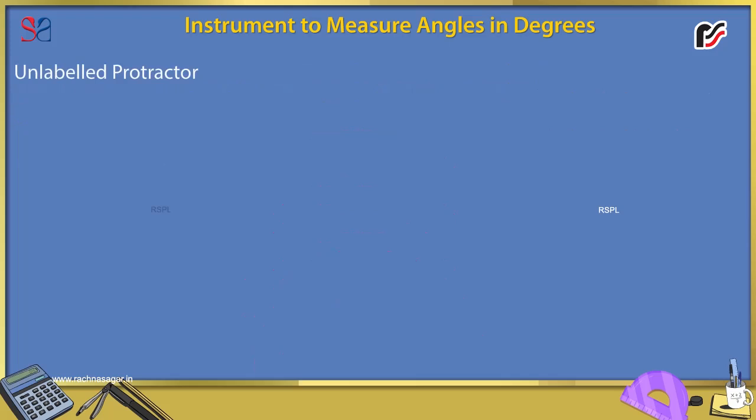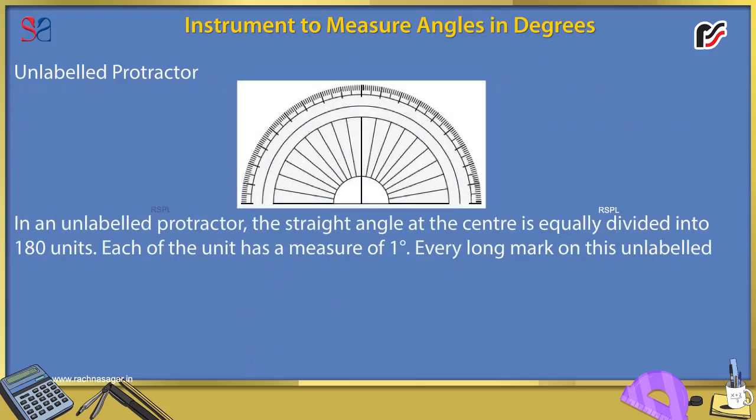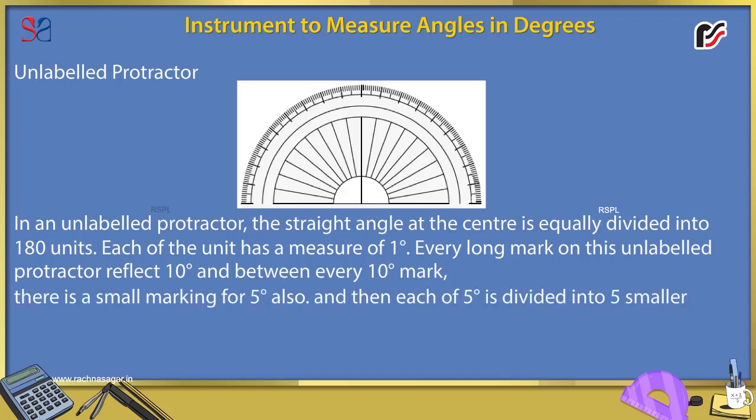Unlabeled protractor. In an unlabeled protractor, the straight angle at the center is equally divided into 180 units. Each of the units has a measure of 1 degree. Every long mark on this unlabeled protractor reflects 10 degree, and between every 10 degree mark there is a small marking for 5 degree also.